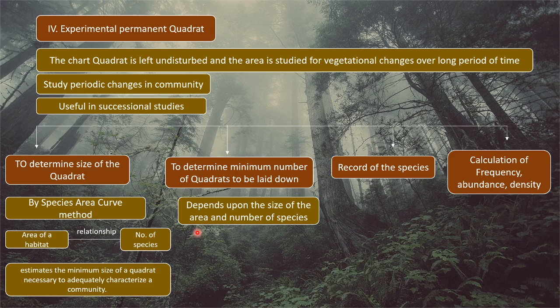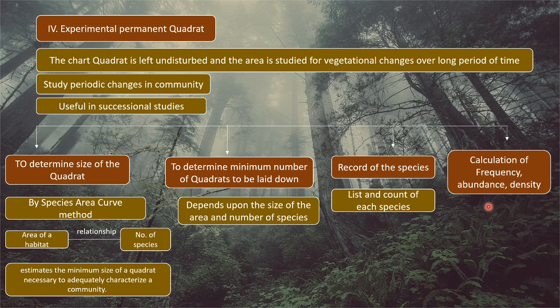Some areas will have fewer species, so keeping only 1 quadrat might also be enough. So that depends upon the area and the number of species. And then we have to keep on recording the species. How do we do it? We list the species and we count the number of species, and then we can calculate its frequency, abundance and density, right?